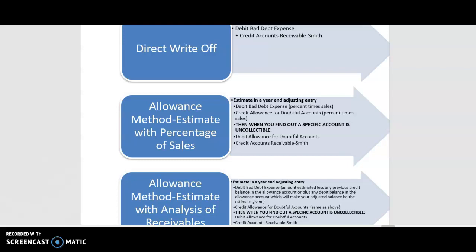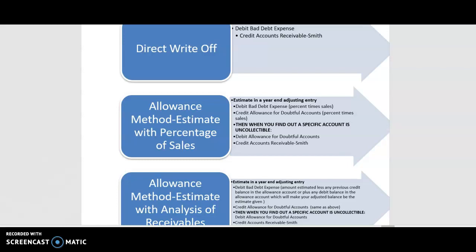This does not match the bad debt expense in the same period that they made the sale, so it's not in compliance with GAAP. But it is done by small companies or companies that don't have a lot of accounts receivable. Okay, the method that does comply with GAAP and does match is called the Allowance Method.